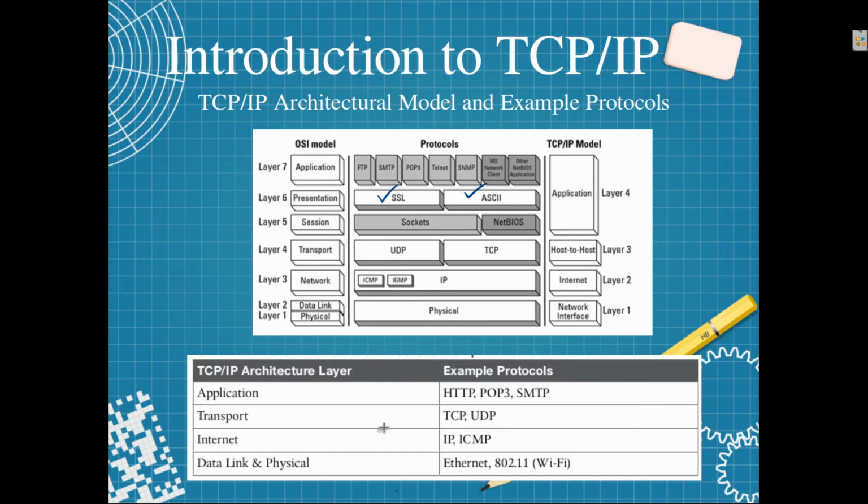So at least you should remember HTTP and POP3 as examples of application protocols, TCP and UDP at the transport layer, and at the internet layer we have IP, ICMP, IGMP. Remember ICMP, and for IGMP remember multicast, versus unicast.